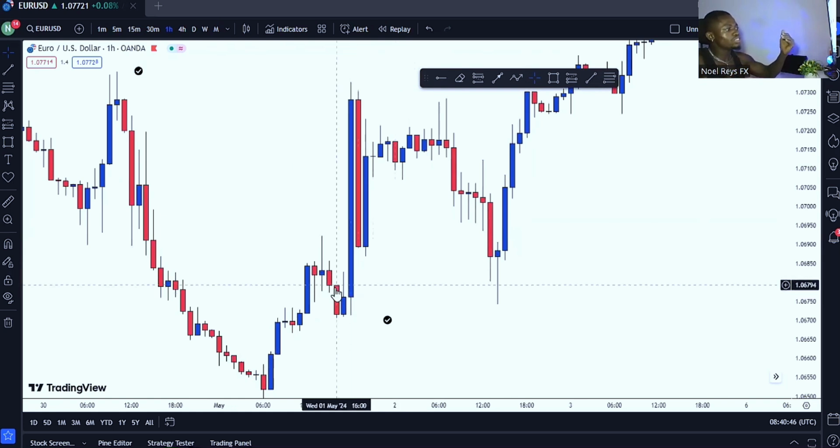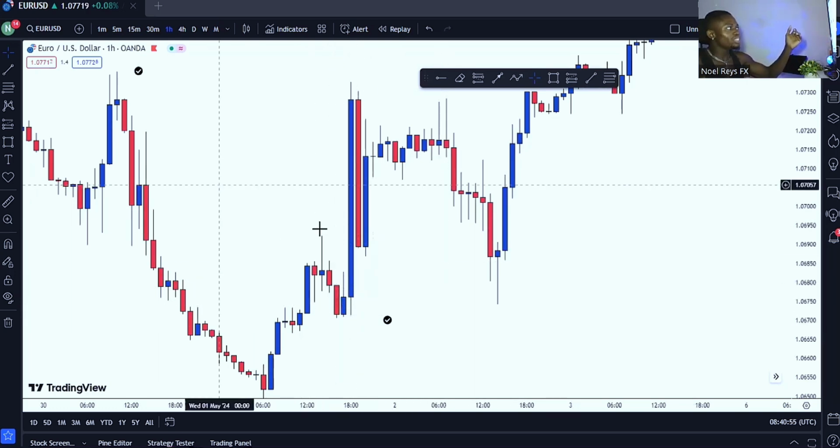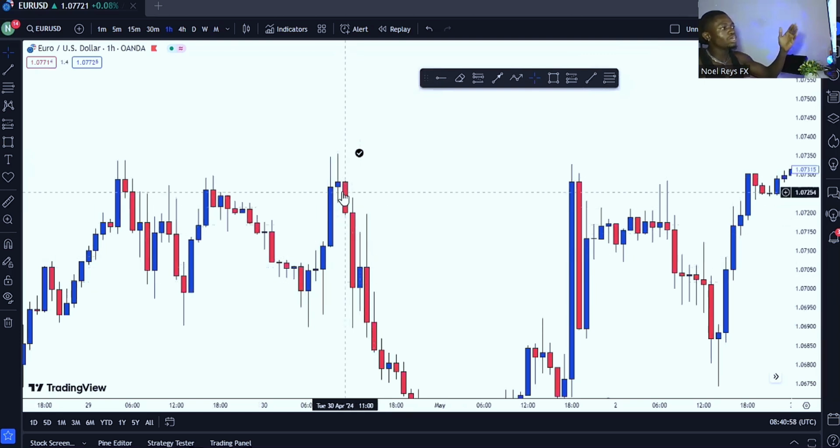So now this zone, the last red candle before this move, which is the opposite bias of this move, is where you start marking your zone from. In this case, where there's sell momentum to the downside, or sell candles to the downside, start marking your zone from the last candle that is an opposite bias.